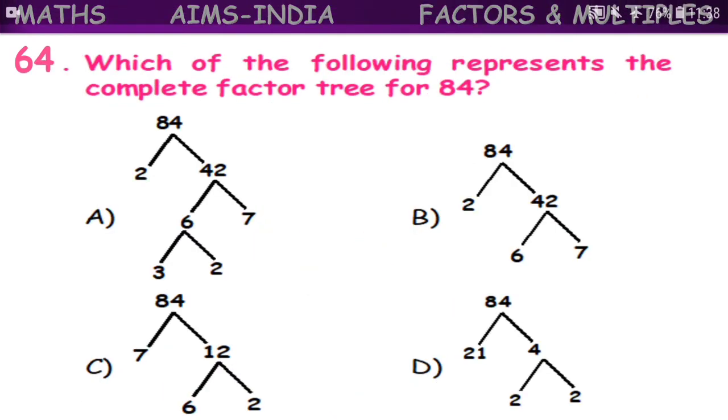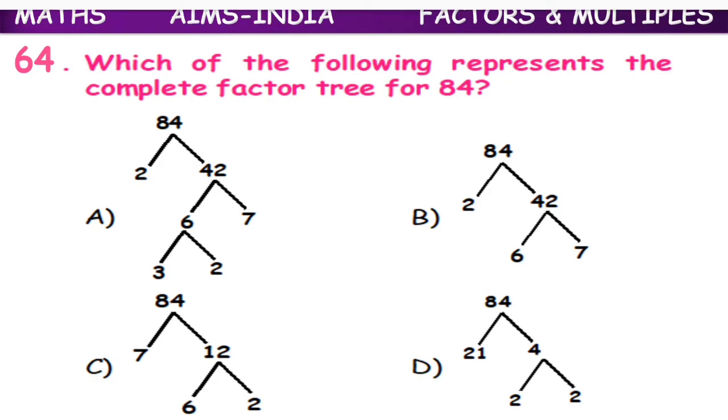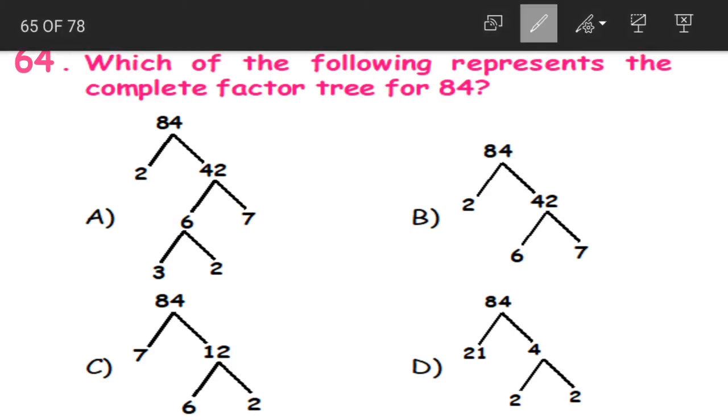Next question 64. Which of the following represents the complete factor tree for 84? Now we have to check. The factors of 84 can be written as 2 into 42. See, 42 2s are 84: 2 2s are 4, 4 21s are 84.